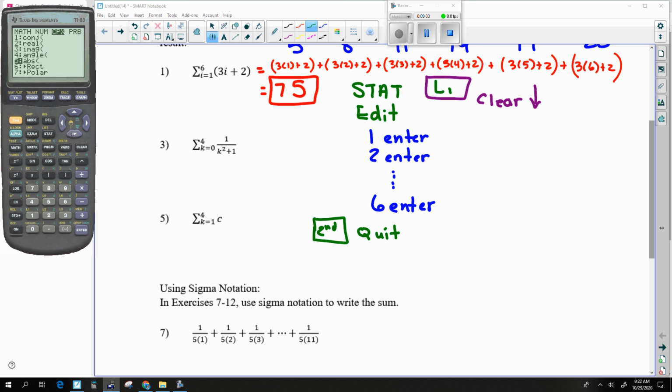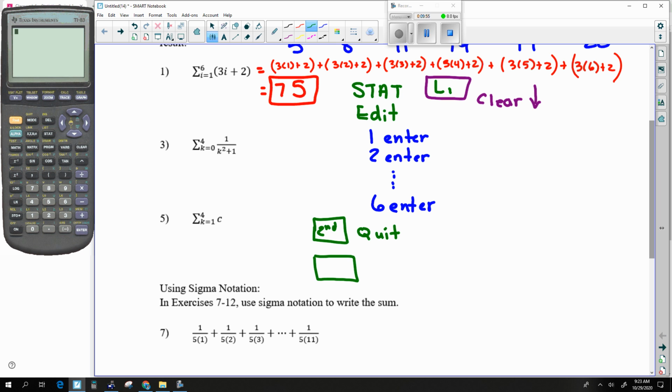Again, I've yet to find it. Where I know where to find it is under the catalog. If you look at the very bottom, on top of the 0 button, there's the word catalog.